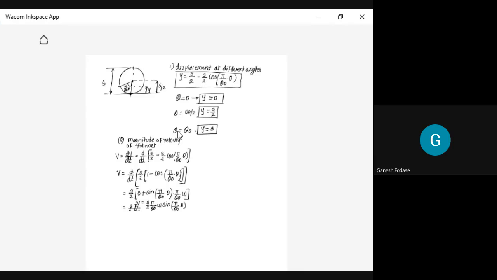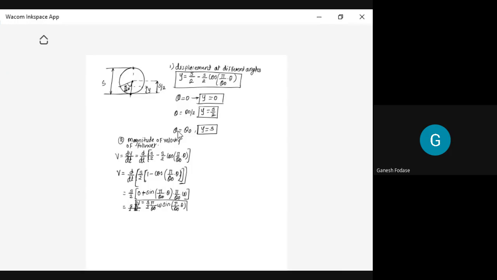It is the value of velocity. So our expression for velocity is equal to s by 2 into pi upon theta o into omega into sine of pi upon theta o into theta.